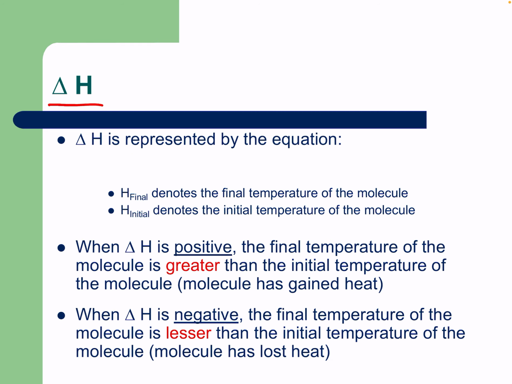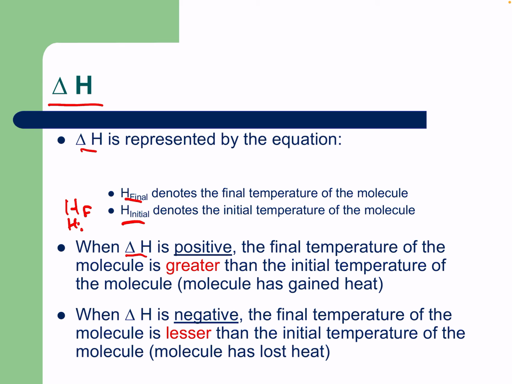So change in enthalpy is represented by an equation. We have H final, which denotes the final temperature of the molecule, and H initial, which denotes the initial temperature of the molecule. Usually it's written as HF, HI, so you'll see these in the formulas.